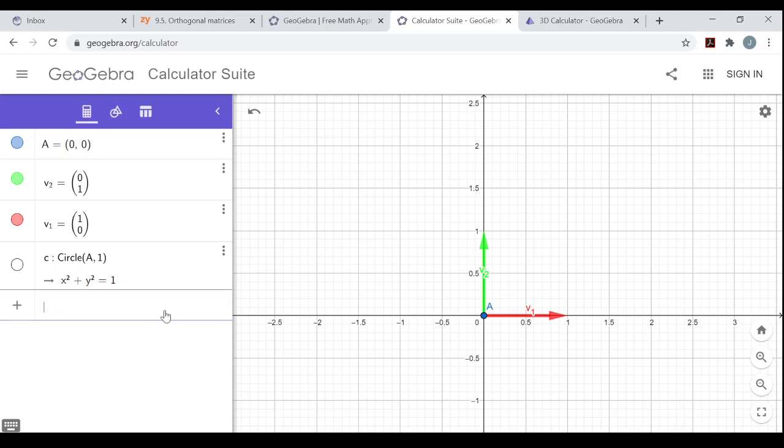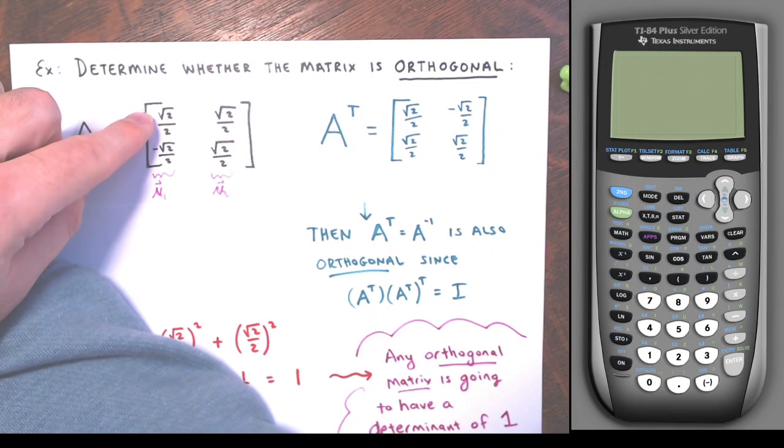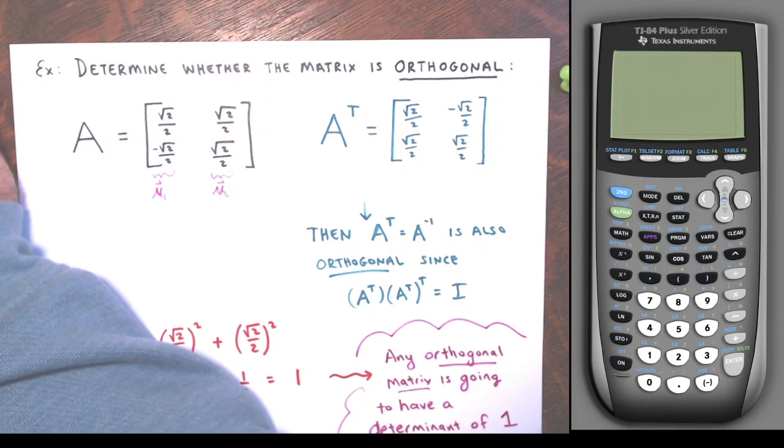Now let me put in those column vectors. Those column vectors are where the original standard basis vectors would map to if our matrix was the standard matrix for some linear transformation from R2 to R2. So 1, 0 would map to the vector square root of 2 over 2, negative square root of 2 over 2.